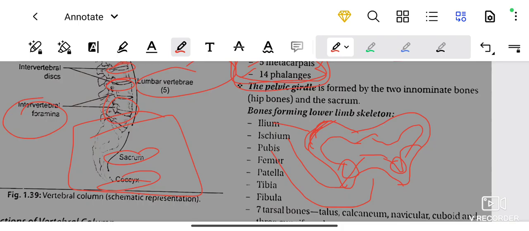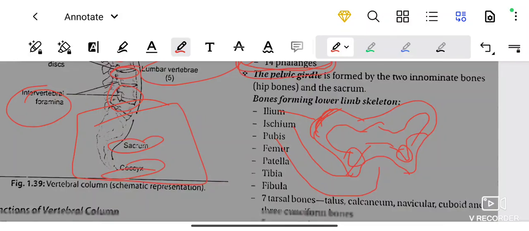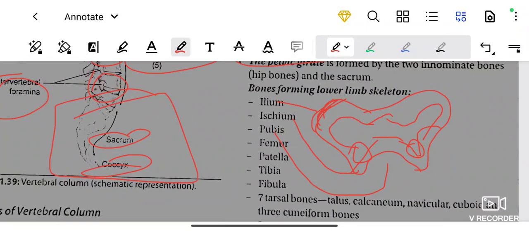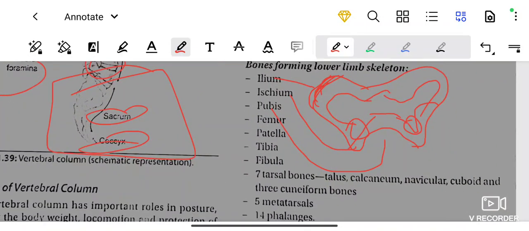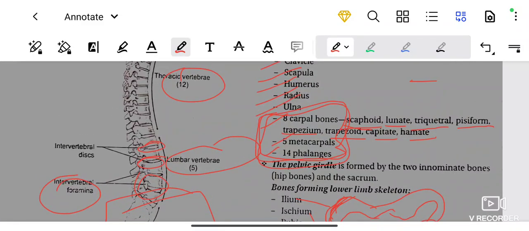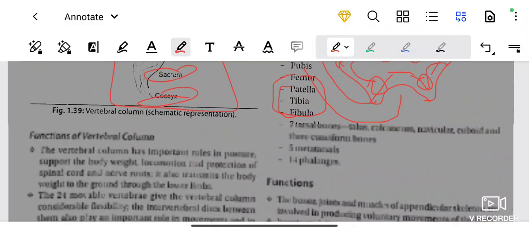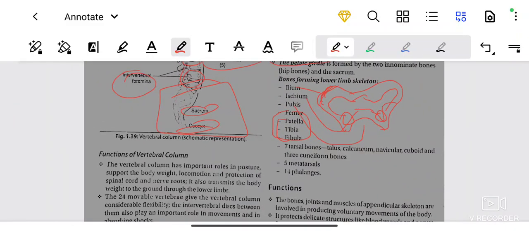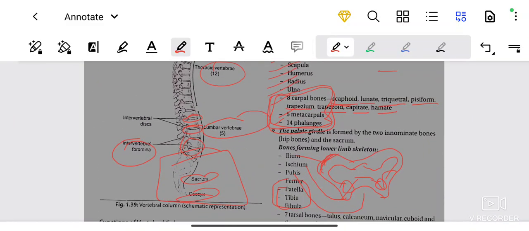Then the femur, patella, tibia, and fibula. These are the bones of the lower extremities. There are 7 tarsal bones in the lower extremities, while in the upper extremity we see 8 carpal bones.